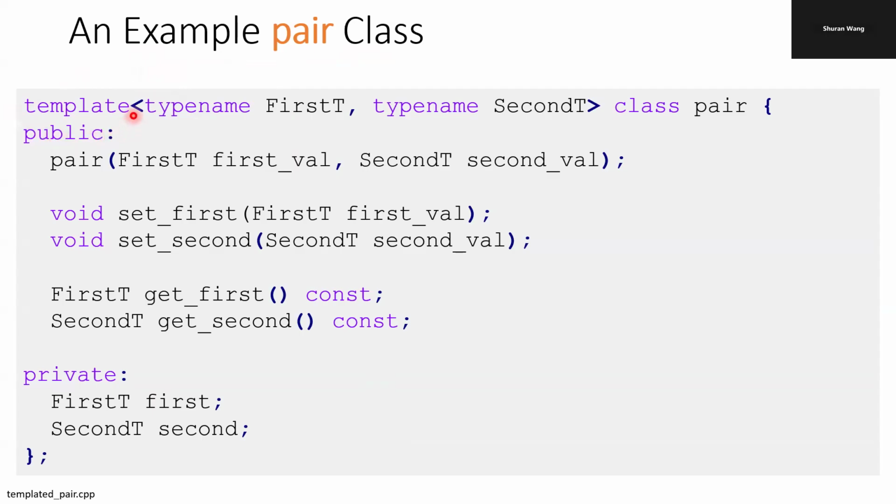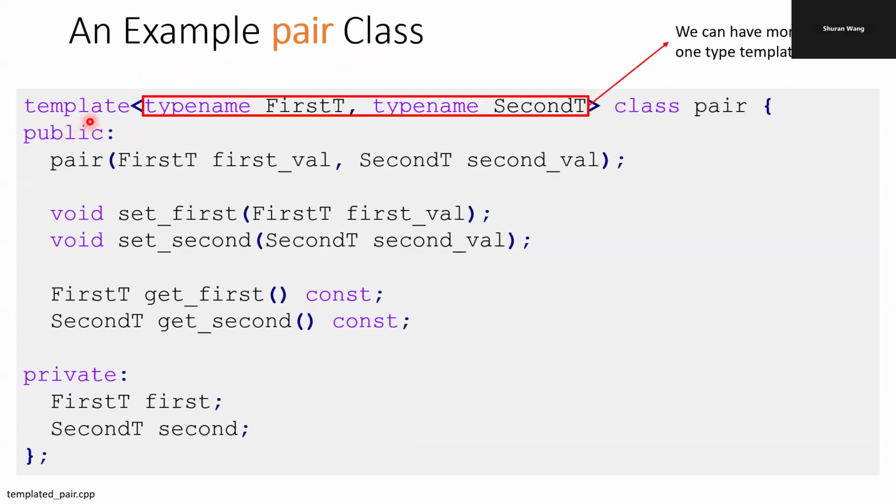Similar to the templated function, we have on the first line template. And within the brackets, we're defining two different types, first T and second T, separated by a comma. And then the class name, and inside the class, we have the constructor, the setters, getters, and the private data members.